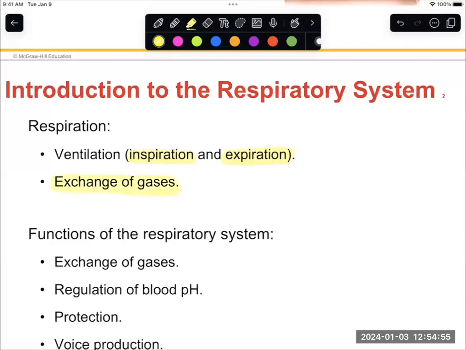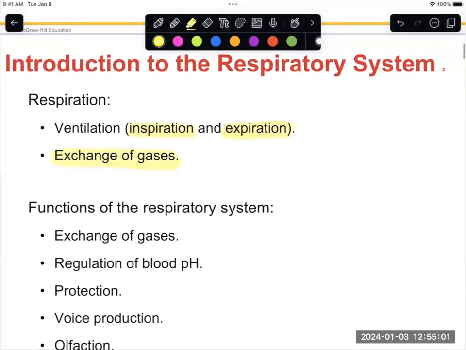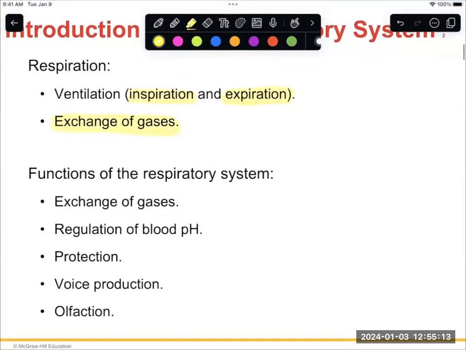The oxygen that we breathe in is going to go into the bloodstream, while the carbon dioxide in the blood is going to go back into the lungs so we can breathe it out. So our respiratory system works to exchange those gases, that oxygen and carbon dioxide.